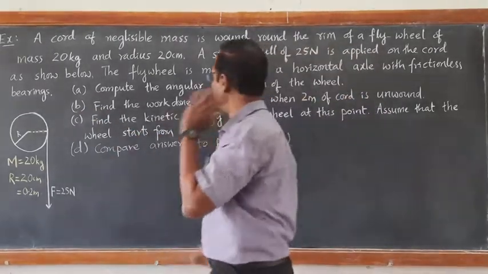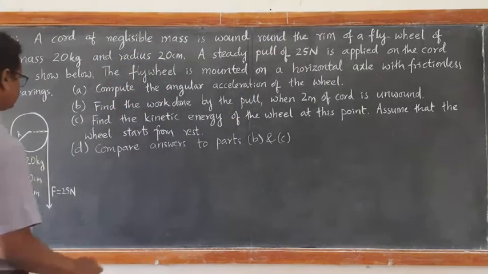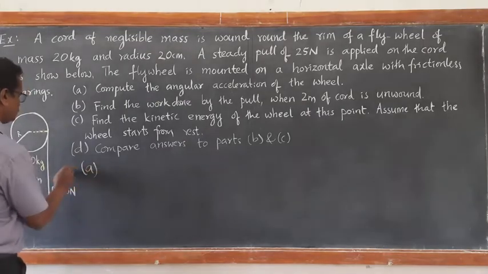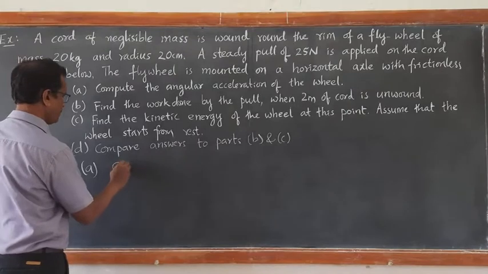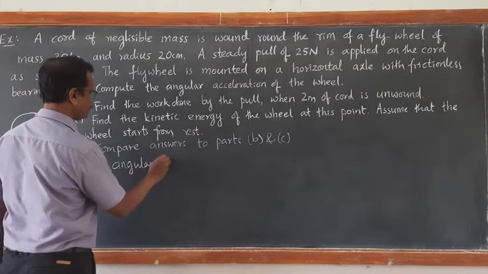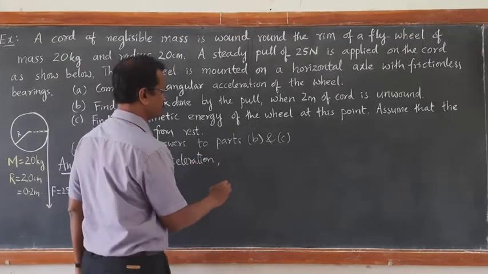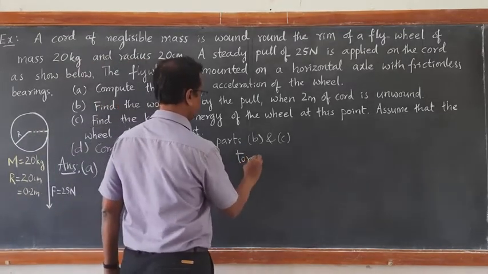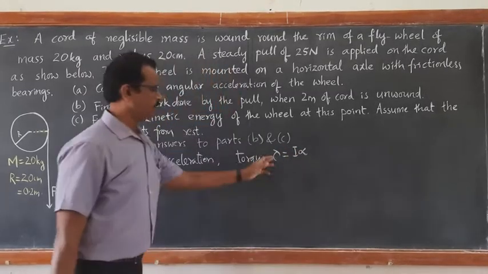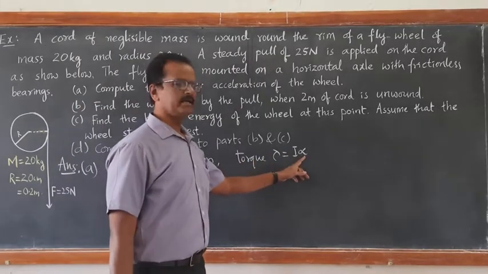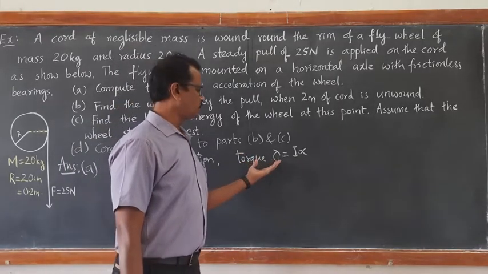Let us first compute the angular acceleration of the wheel. To calculate angular acceleration, we use the equation for torque. Torque tau is equal to I alpha, where alpha is the angular acceleration, I is the moment of inertia of the flywheel, and tau is the torque.